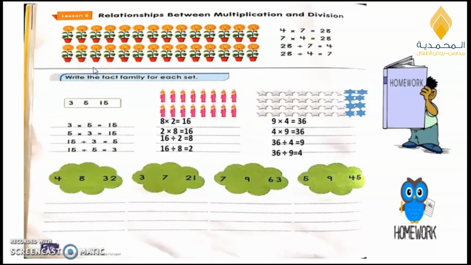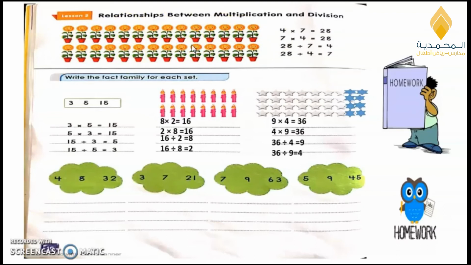Now let's move to page 16, lesson 2. Relationships between multiplication and division. Now let's learn what the relationships between multiplication and division are. As you can see here, the flowers. Here we have 28 flowers.